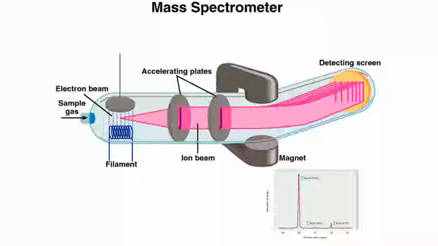As you can see, based on those peaks, their relative abundance is significantly different. Neon 20 is the greatest in abundance, 21 is much smaller, only 0.26%, and neon 22 is about 8.8% of naturally occurring isotopes of neon.